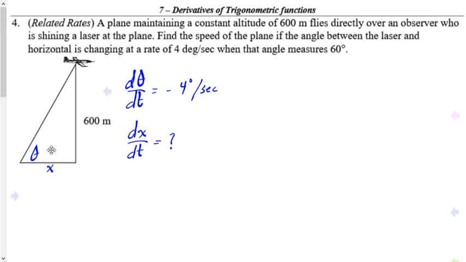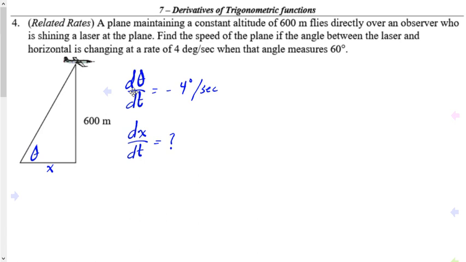Now, important thing to keep in mind, we're going to have a dθ/dt in our equation. In the previous question, it was fairly handy because when we got to the end, we had radians per minute as our rate of change in the angle, and a radian doesn't have units. And so it didn't mess with the units in our final answer.